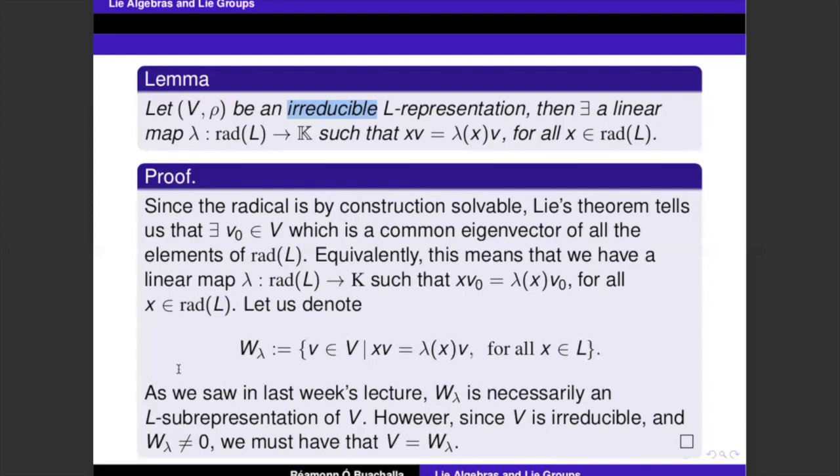Therefore, the only other option left to us is that it's the whole thing, that it's V. Hence, we must have this. But that means that every element inside V satisfies this identity here. The elements which satisfy this condition are actually everything. And that's exactly what's stated up here. So once your representation is irreducible, every element is a common eigenvector for the radical. Okay, a very useful result.